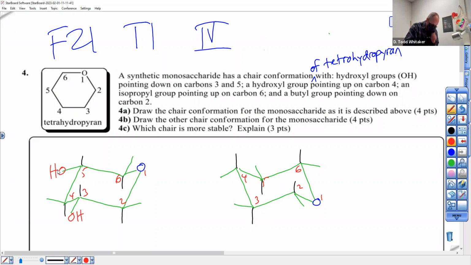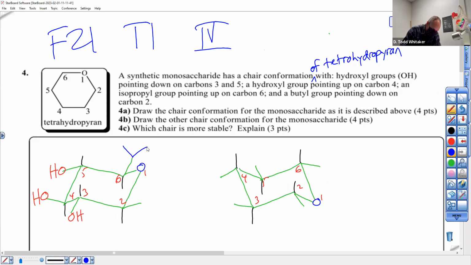That's the only down bond there. Up on carbon 4, that's this one, isn't it? So let's just finish this molecule. Isopropyl group pointing up on carbon 6, that's this one right here. That's the only up position, isn't it?